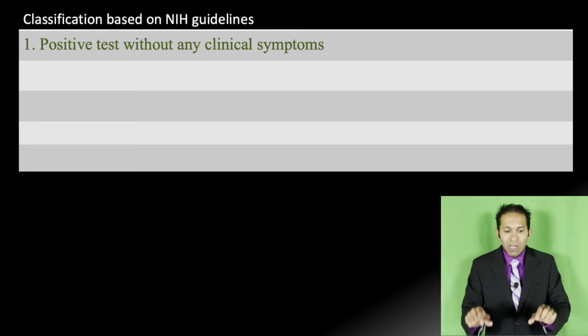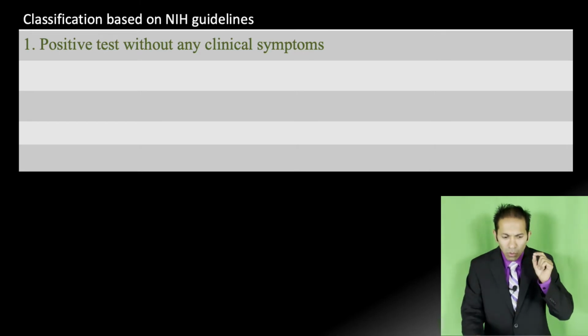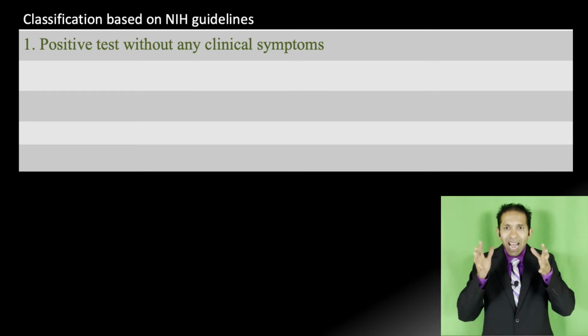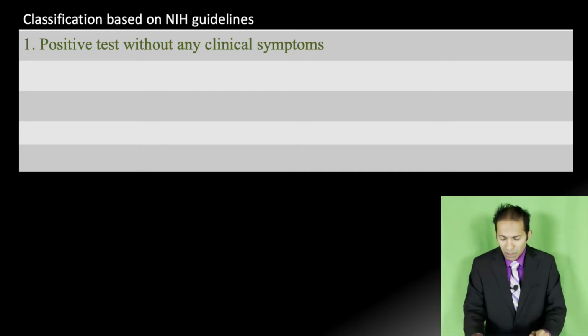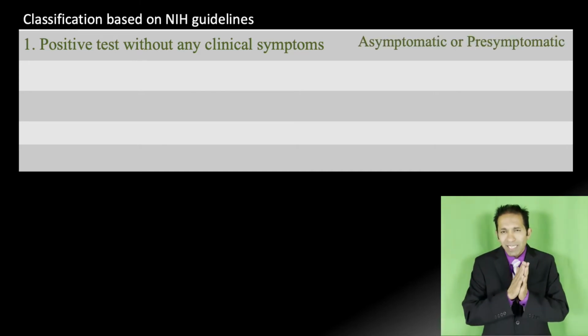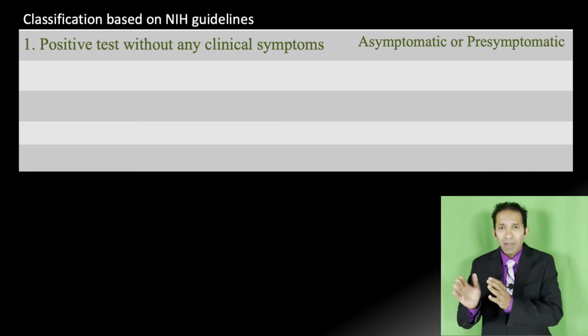So let's talk about classification of COVID-19 patients based on NIH guidelines. The first classification is if patients are positive for the COVID-19 test, but they have no symptoms, we label them as asymptomatic or pre-symptomatic.